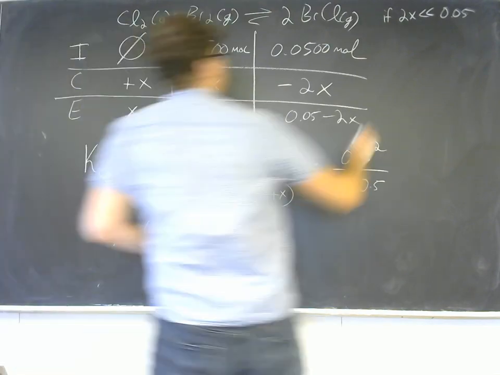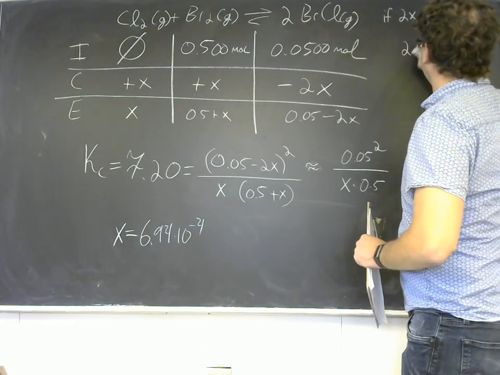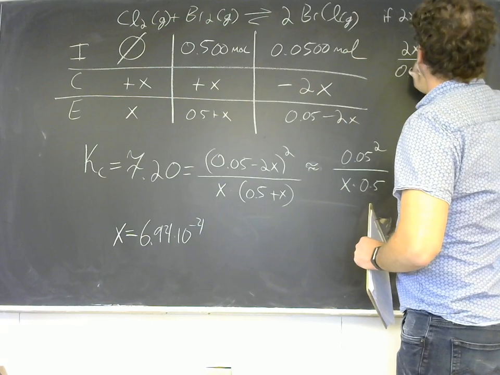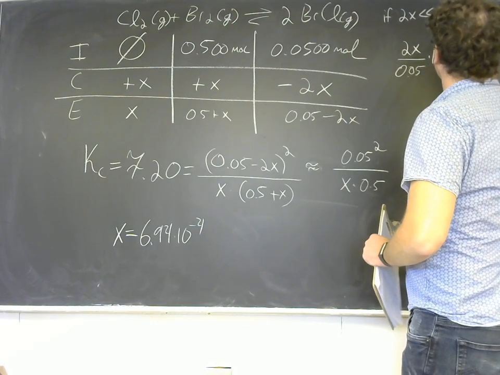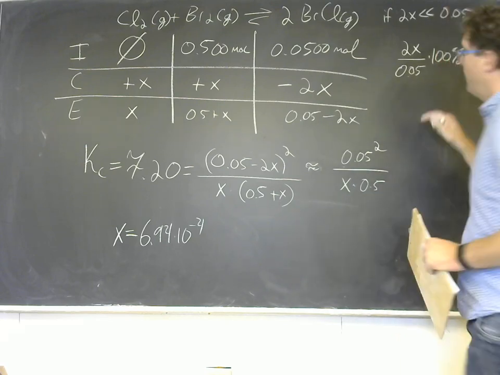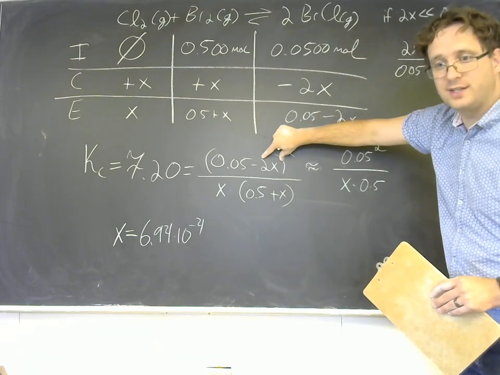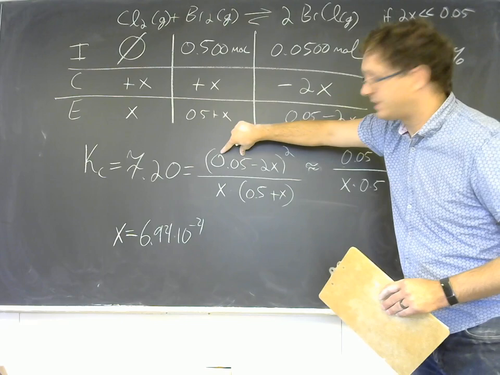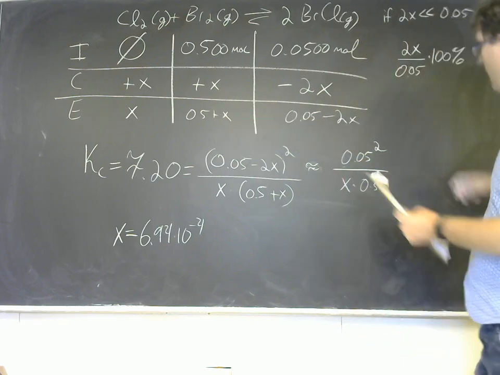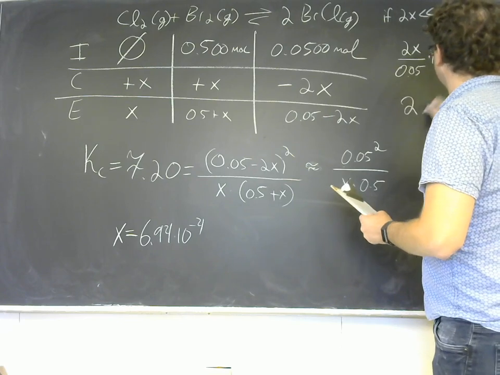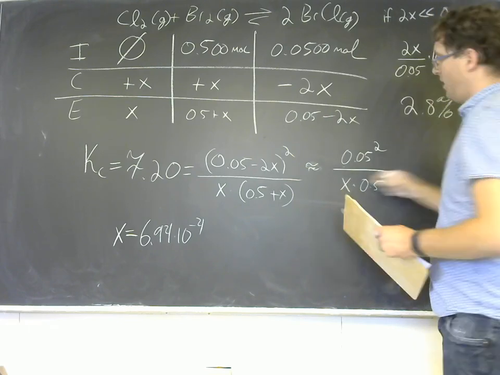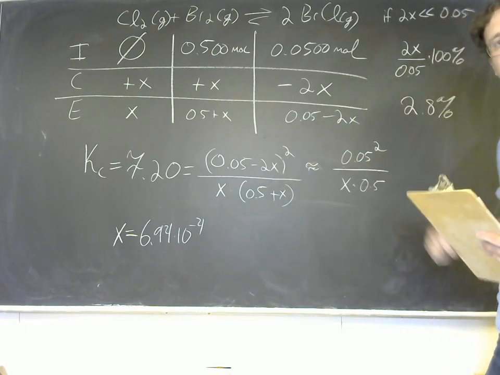Basically, I want to say 2x divided by 0.05 times 100% and see how much this quantity is as a percentage of that quantity. And it works out to be 2.8%. And so we're justified in making that simplification.